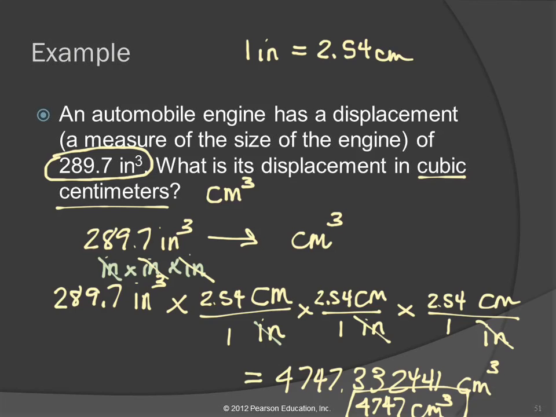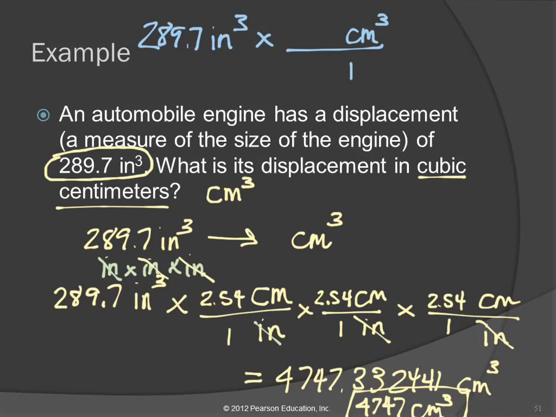So I'm going to go up on top here and use a slightly different color. 289.7 cubic inches. I want cubic centimeters on top. I want cubic inches on the bottom.